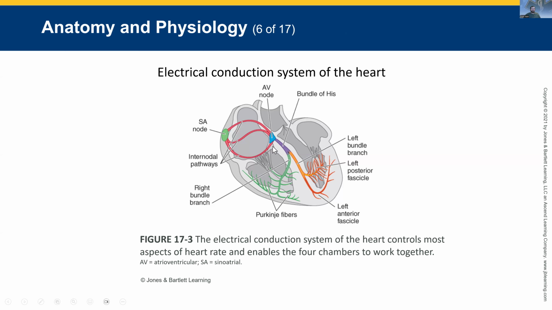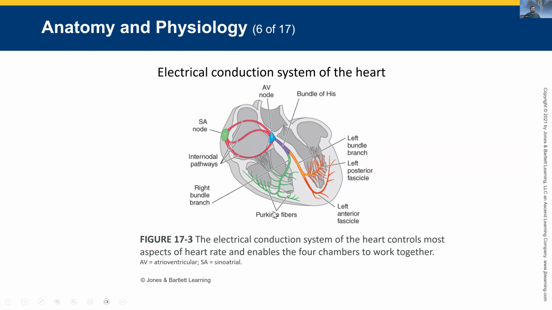You've got your pathways. It's no different than the electric current in your house or anything else. There's got to be some sort of electrical line for it to follow. It's an electric current, and that's what those are. And then you get your bundle of His, and then it divides into that right bundle branch and your left bundle branch.